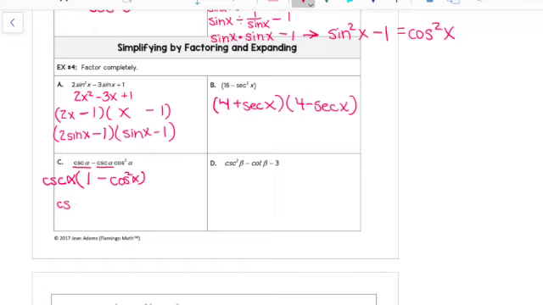And then if I wanted to, that would also factor as 1 minus cosine x and 1 plus cosine x. It would also be sine squared x, and so then I would have some things cancel, but that's looking ahead.